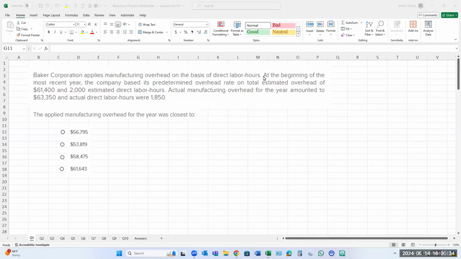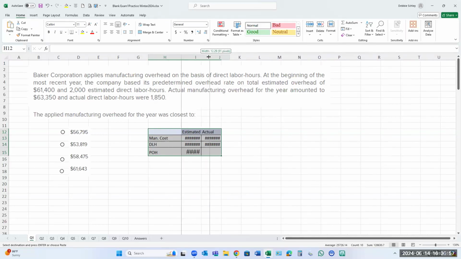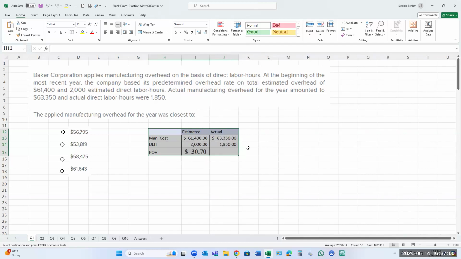There's my allocation base. At the beginning of the most recent year, the company based its predetermined overhead rate on a total estimated overhead of 61,400 and 2,000 estimated direct labor hours.